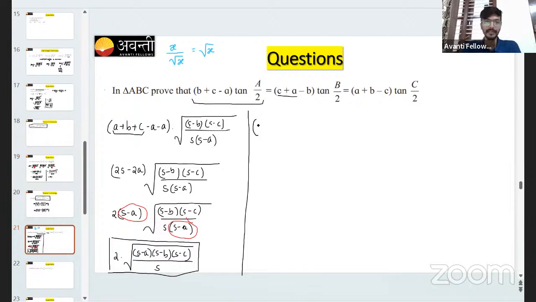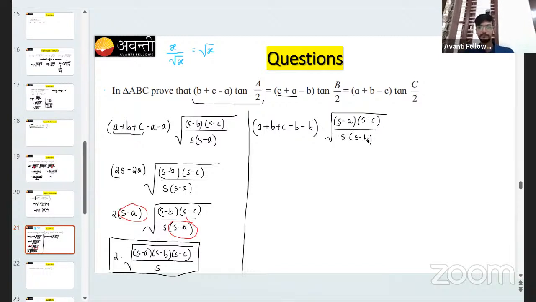So what will we write here: a plus b plus c, added b, minus b, subtracted b. Tan b by 2, we can write, is under root of (s minus a) into (s minus c) upon s into (s minus b). Got it?